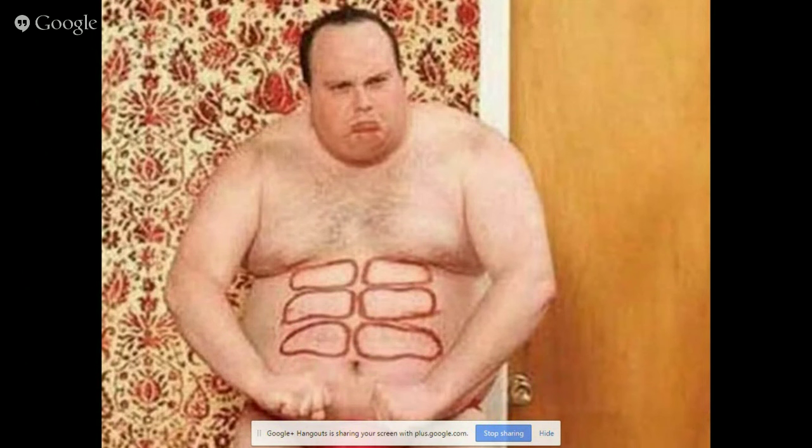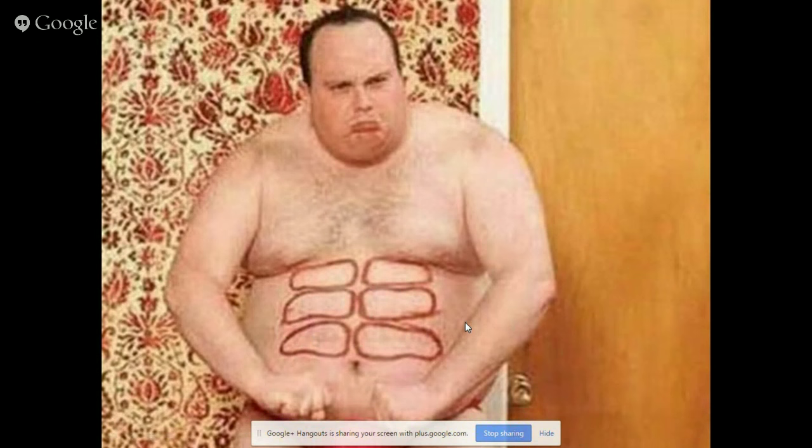He's trying to look like he has a six-pack. 1, 2, 3, 4, 5, 6. You know, when someone is very muscular, they are very strong, and they're not fat. You can see their stomach, their abdominals, or what we call abs for short.